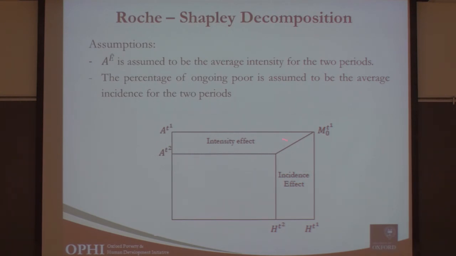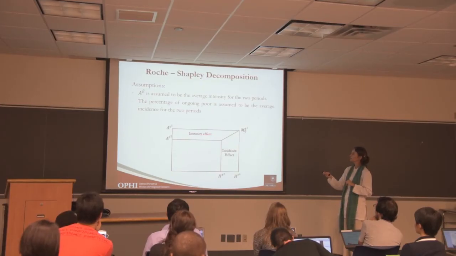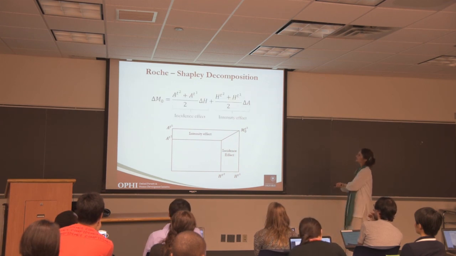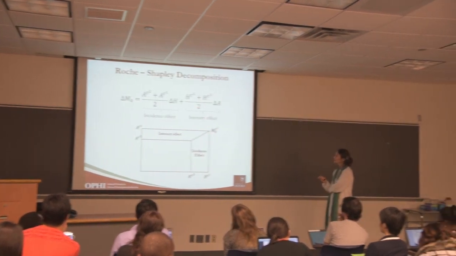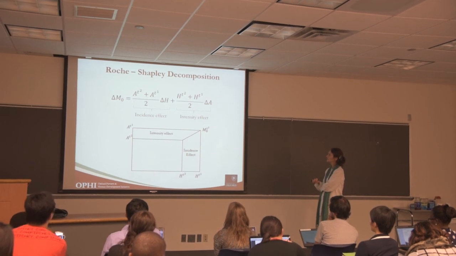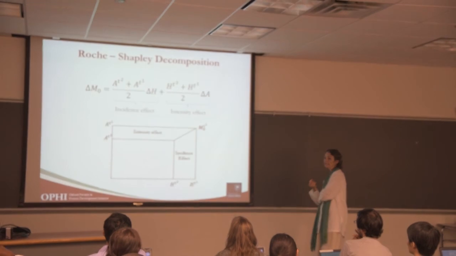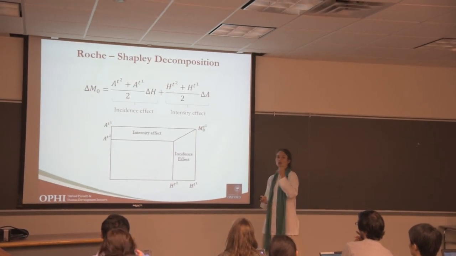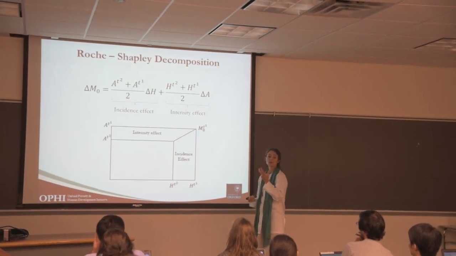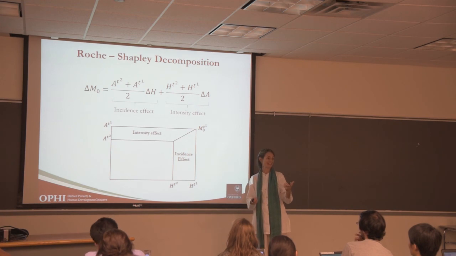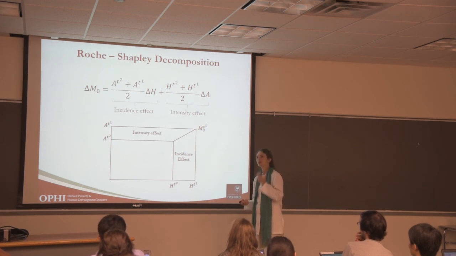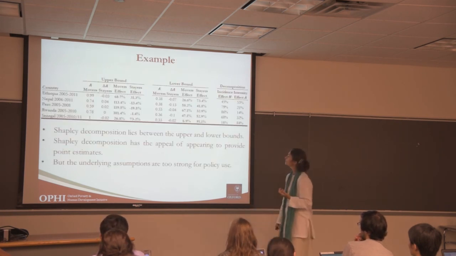And then you have a very neat decomposition in a Shapley effect, where you decompose simply into an effect on M0 of reducing intensity and reducing incidence. So that's the decomposition of the Shapley. In both of those cases, what they've done is basically taken a hard decision and said, okay, we're going to make some assumptions because we can't measure it with repeated cross-section data. And then we'll decompose and we'll give you a precise answer.